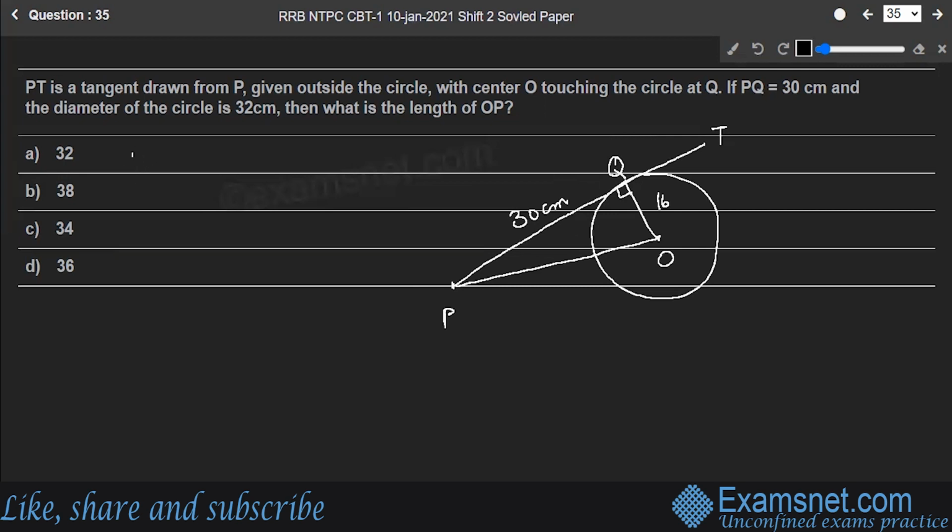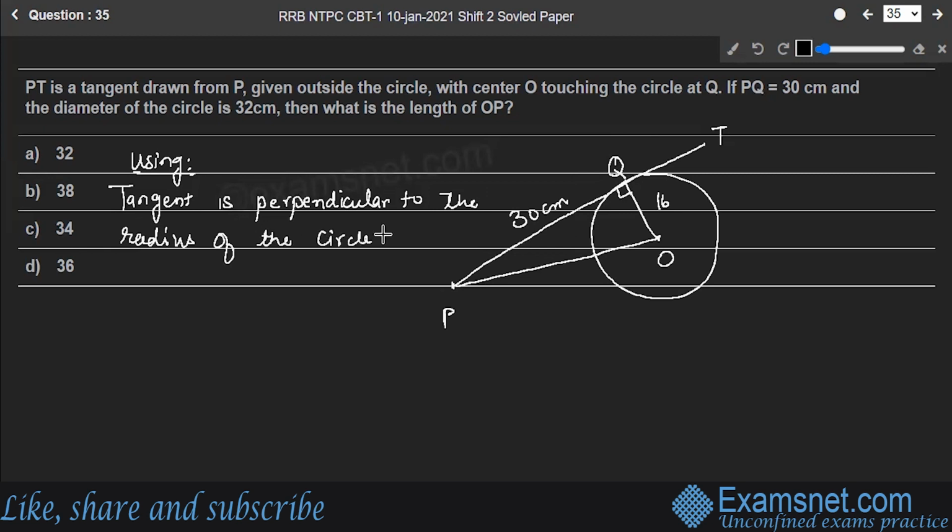Let's write down: tangent is perpendicular to the radius of the circle at the point of contact.